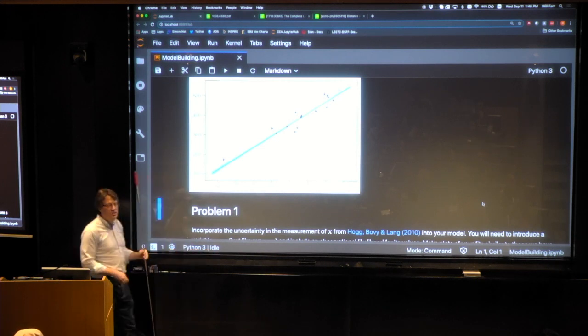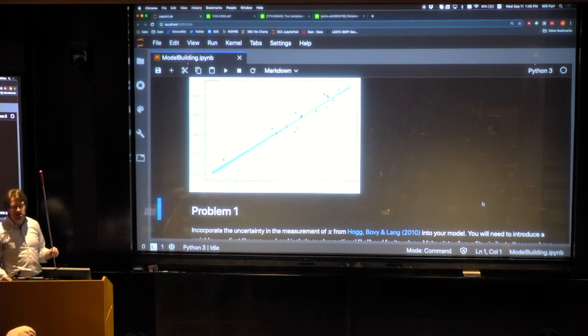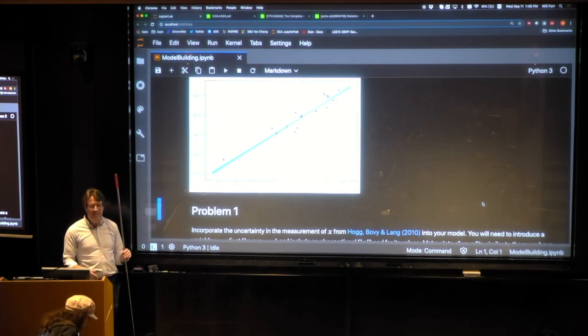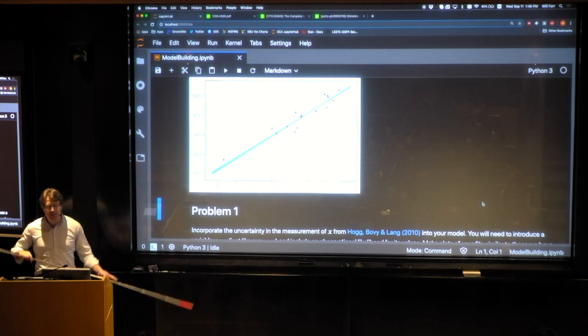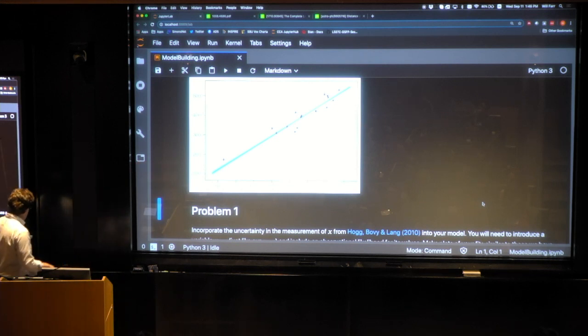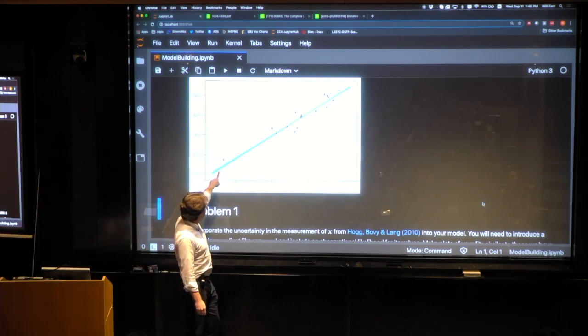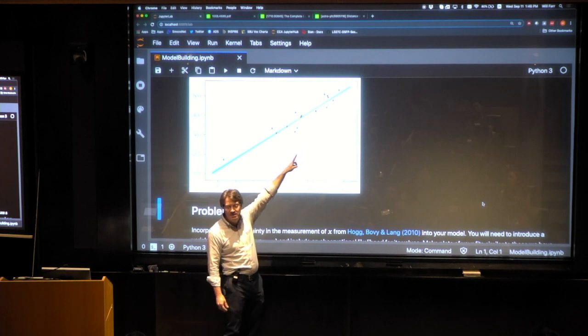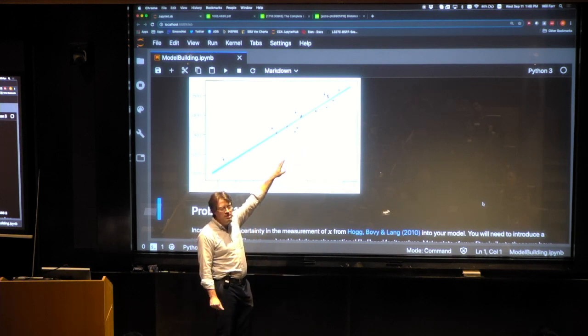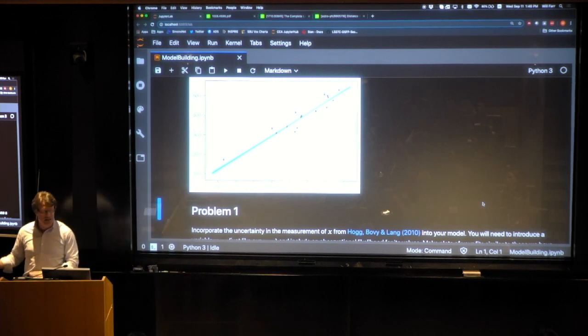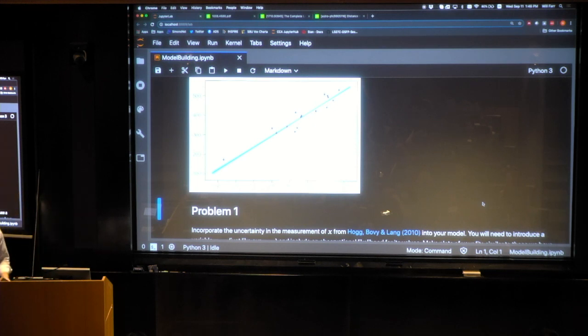So the lesson here is you can get a perfectly good fit, the sampler runs smoothly, you get an effective sample size that looks good, you make a pretty plot, and if you don't think carefully and compare your actual data to your model's predictions for the data, you can have a completely wrong model. Okay, and I will just go out on a limb. I didn't generate this data, David Hogg did, but I will tell you that this model is wrong.